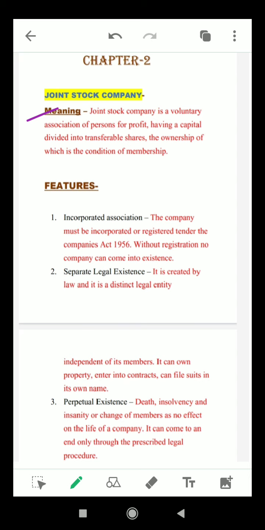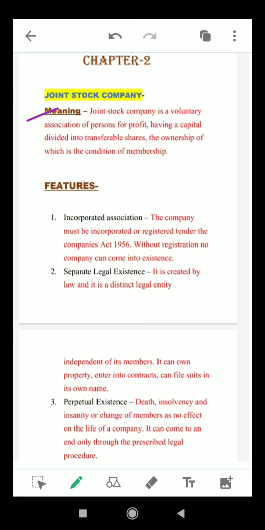And these joint stock companies have to register themselves under the Company Act 2013, and it is also an artificial person created under law. Yes, and this company has perpetual succession. Then they have the common seal, and shares of the companies are transferable without disturbing its continuity.